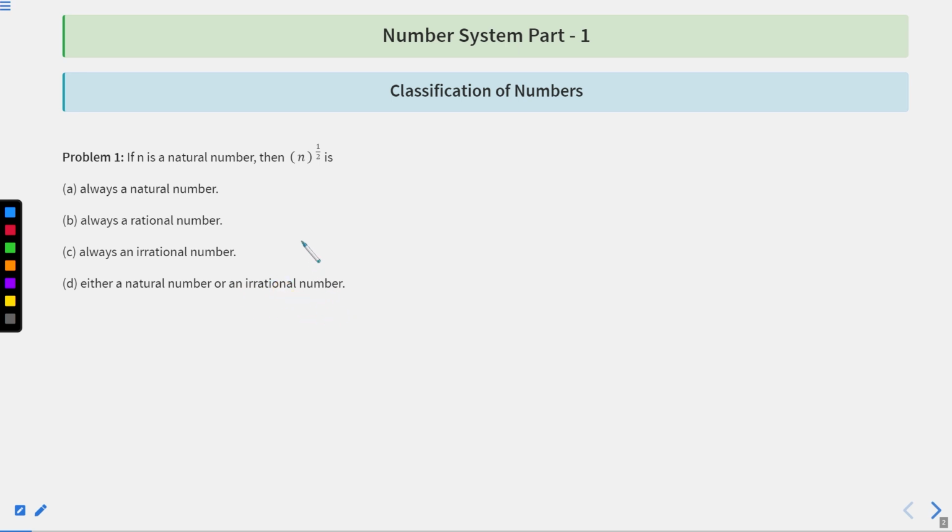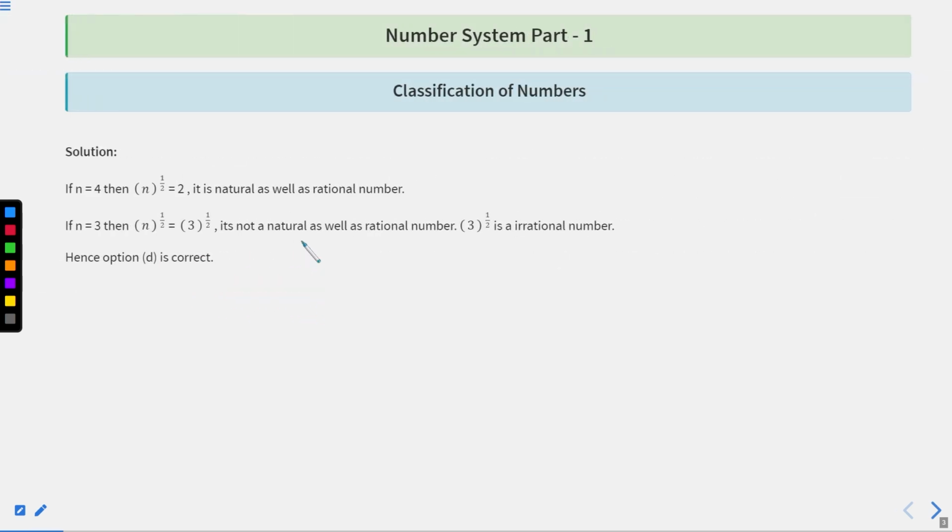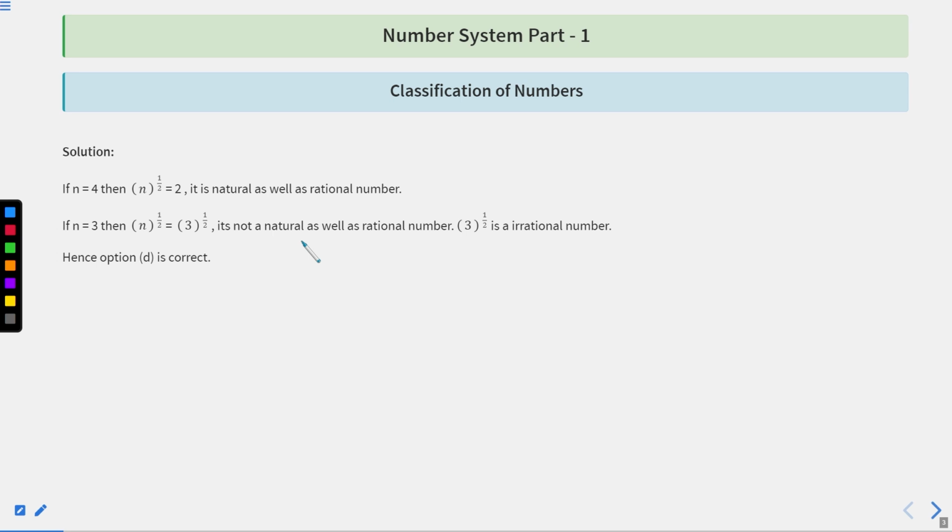So let us see. To approach this question, we are going to look for examples such that this condition is satisfied, or we can also try to find examples such that this condition is not satisfied.